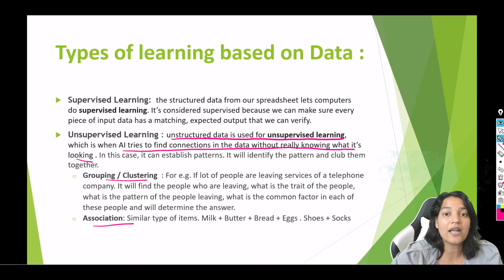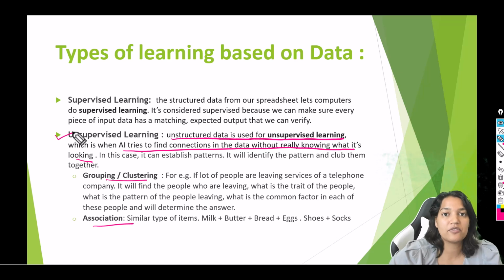So that's when unstructured data helps you either find the clusters or patterns that are common between the data, or find the associations. Do these things go together? If somebody is buying a shoe, you're also going to see a recommendation to buy socks of different colors. That is what association is all about, and that is when we use unsupervised learning.